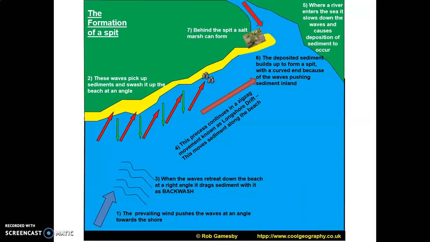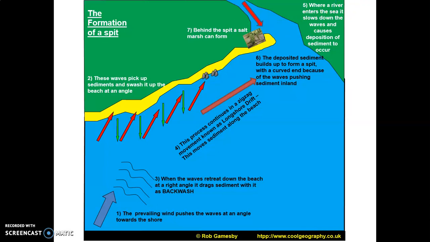If this process continues, and this spit forms right the way across to the other side of the river mouth or across the bay, it then forms a bar. So as I said, a spit and a bar are pretty much the same thing. A spit is partially across a river mouth or a bay, whereas a bar is fully across a river mouth or a bay.